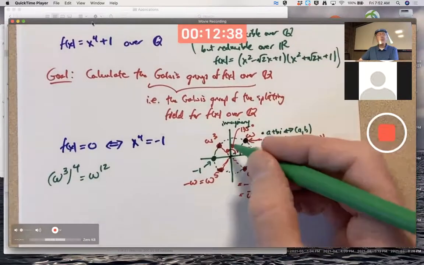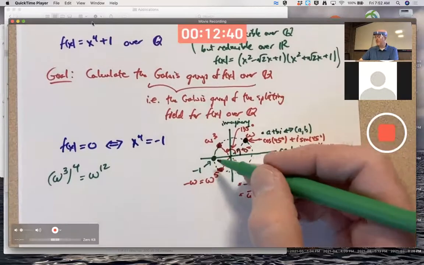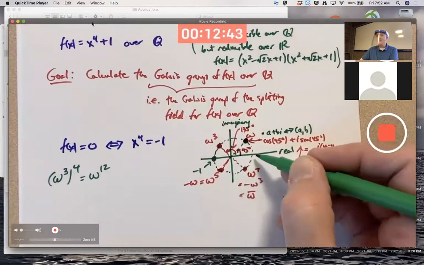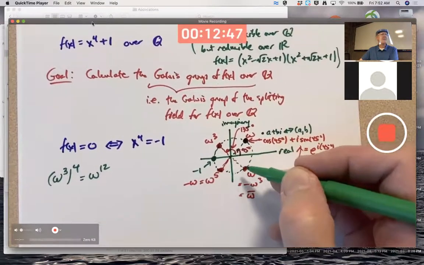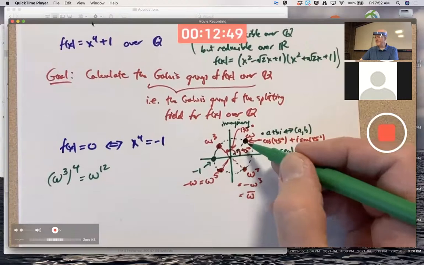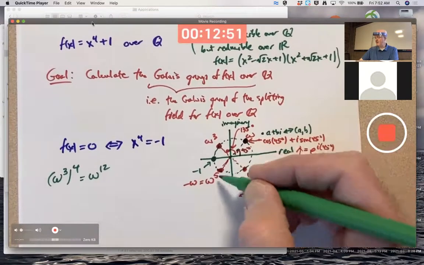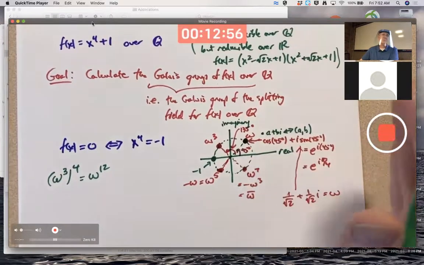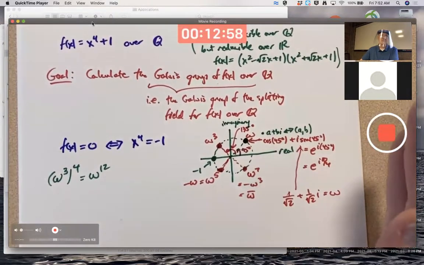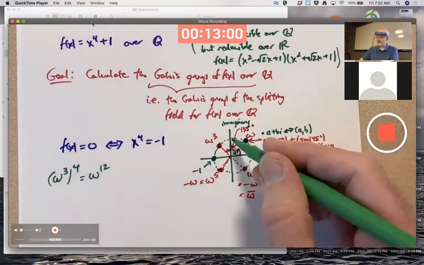Hey, actually, all the powers of omega, including omega squared, omega to the 4th, omega to the 6th, and omega to the 8th, form a cyclic group of order 8, don't they? I only am looking at the odd powers here, but I could include the even powers. They would no longer be fourth roots of -1 if I did. Omega squared is right there. It's i, the imaginary unit.